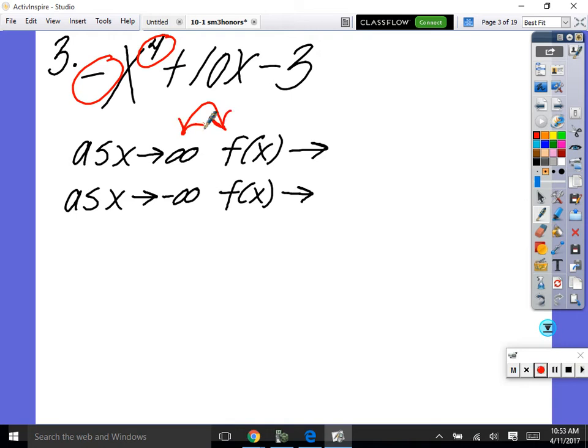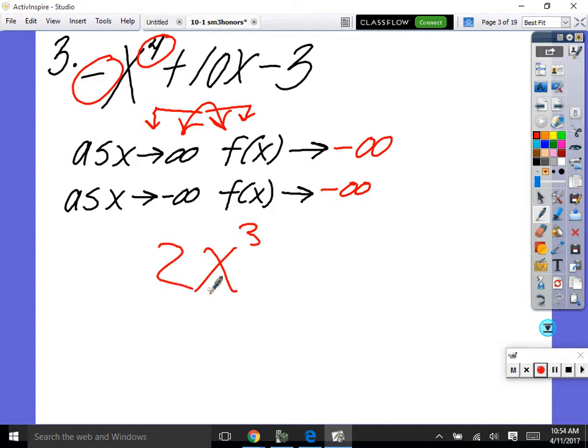So as x approaches positive infinity, f of x is approaching negative infinity. As x is approaching negative infinity, what's our function approaching? Negative infinity. Very good.